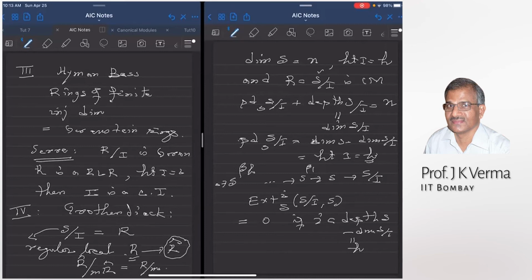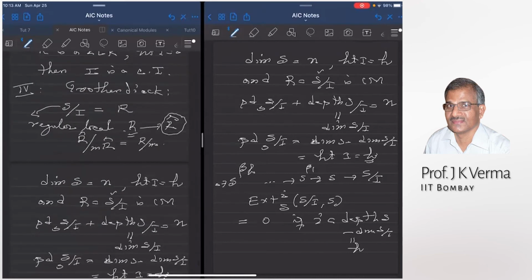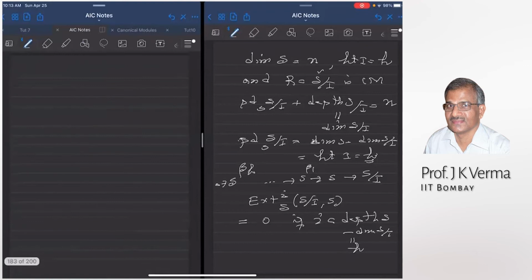Yeah, above H also they are 0. So Ext^0 of S mod I, S equal to Ext^(H-1) of S mod I, S. These are all 0 modules. Okay, and we have Ext^H.